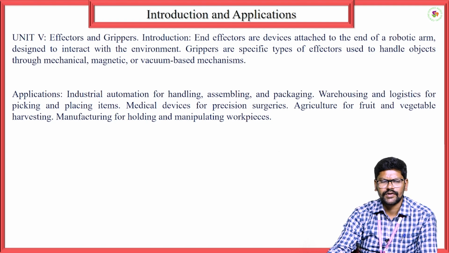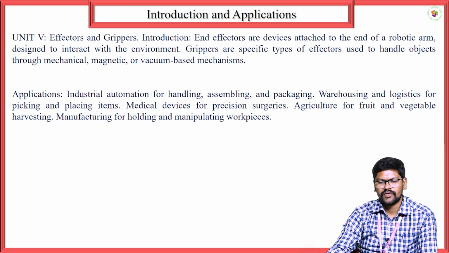The applications for unit 5 are related to robotics, mainly industrial automation: handling workpieces, assembling, packaging, and warehousing and logistics for picking and placing items.